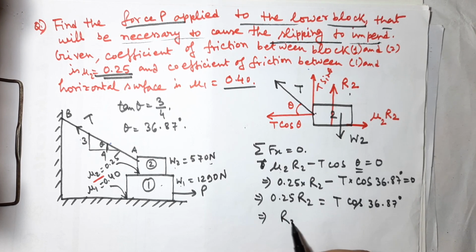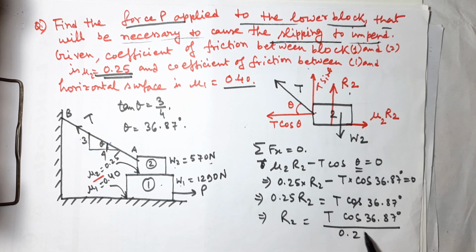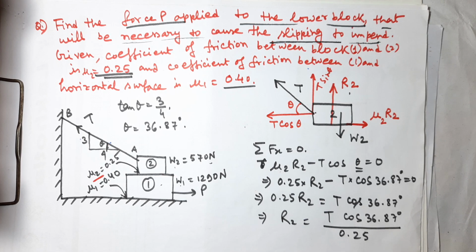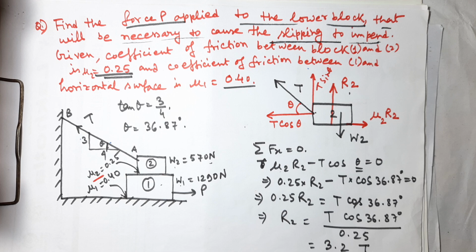R2 is equal to T cos 36.87 degree divided by 0.25. If you calculate this, R2 is nearly 3.2 into capital T.